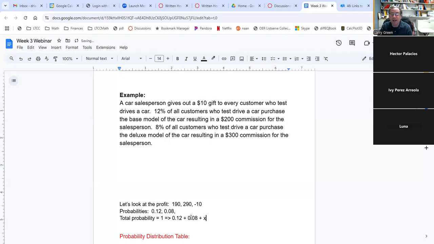Let's call it X for now. That is equal to 1. So 0.12 plus 0.08 is 0.20. 0.20 plus X is equal to 1. So what's X?